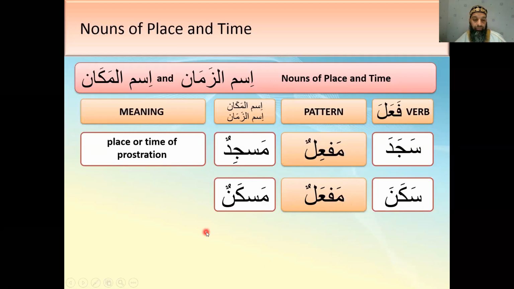What does it mean? House. So it's another name for house. So basically, maskanun is the place where you have the sukoon, which is the house. That's the place where you have the rest, where you have the peace, where you go to sleep at night. So maskanun is a house. Also, baytun is a house, but maskanun also translates to house.